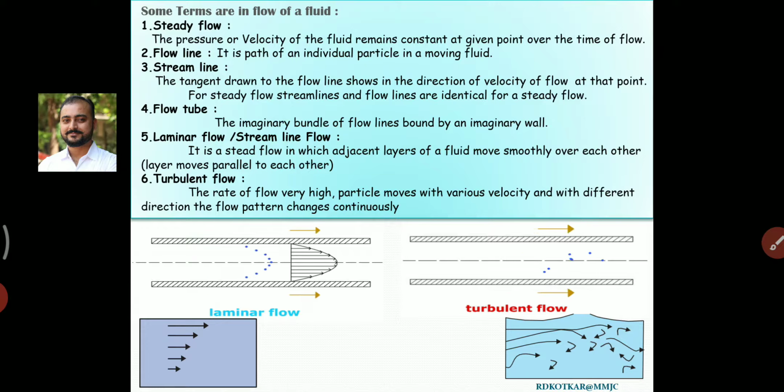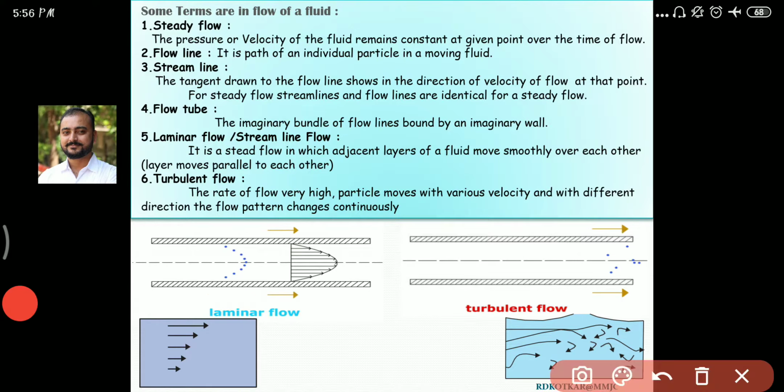You may observe the following diagram also. You observe there are different directions produced in this diagram. Because of the high flow, the particles do not maintain their harmony. They do not move smoothly as in laminar flow, and the particles change their velocity as well as their direction of motion.